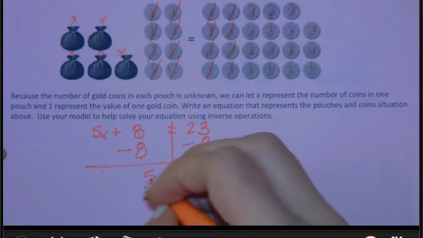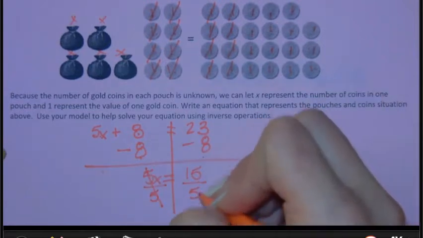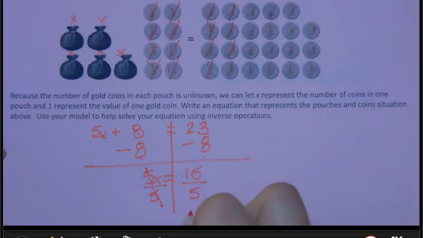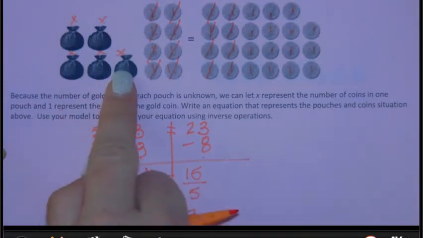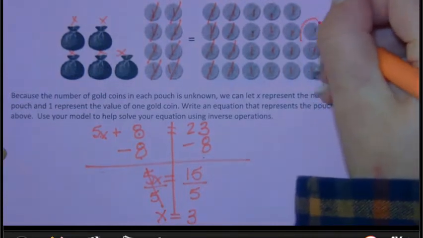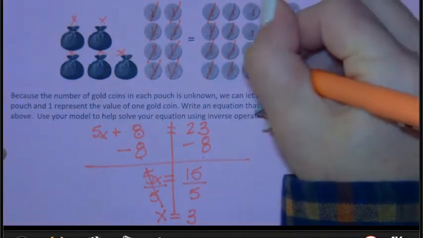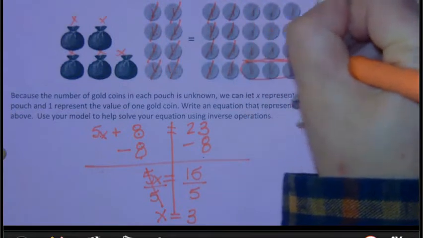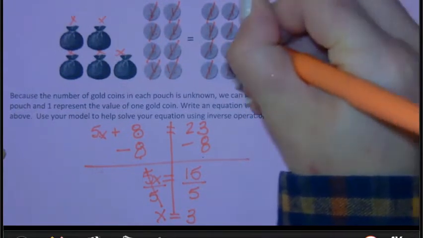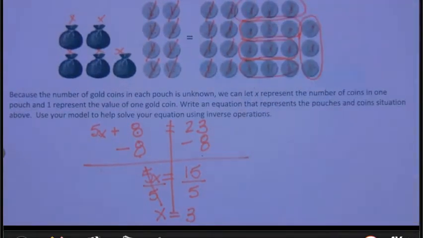So you're going to do 15 divided by 5. Well, 5 can go into 15 3 times, which means 1 bag is equal to 3 coins each. Let me create 5 equal groups, meaning each bag is going to contain 3 coins.